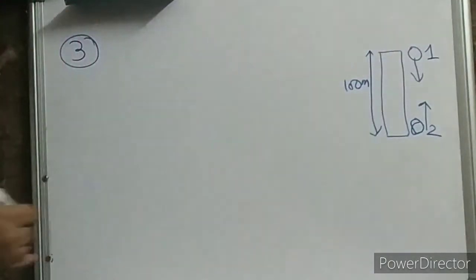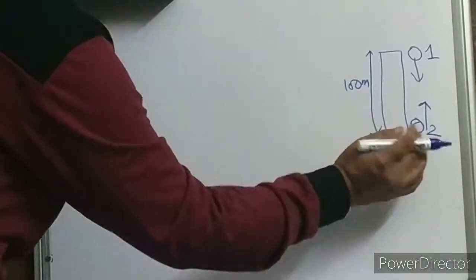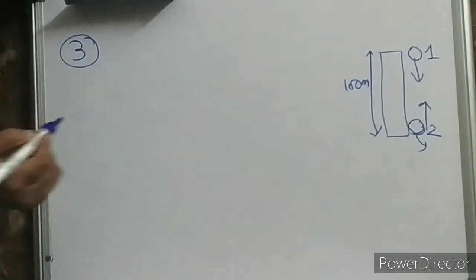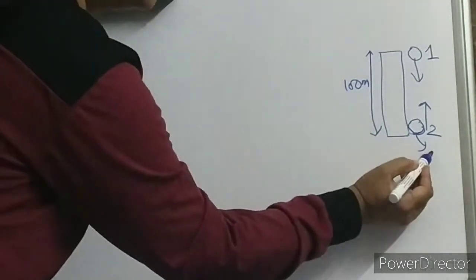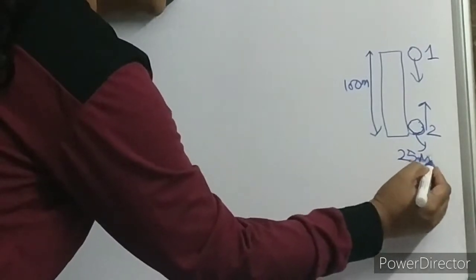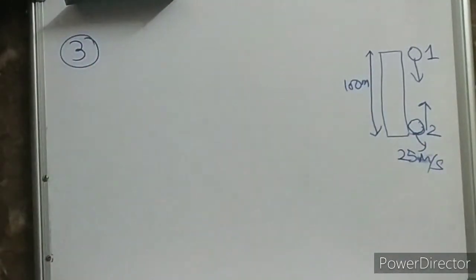It is going up from the ground. This stone's velocity is given. What is the velocity? It is given 25 meter per second.